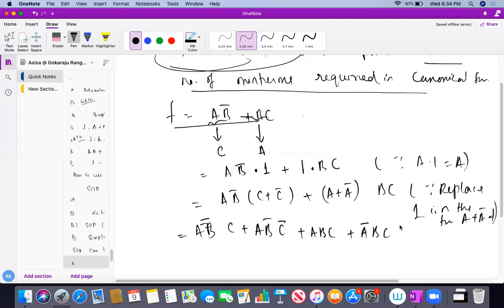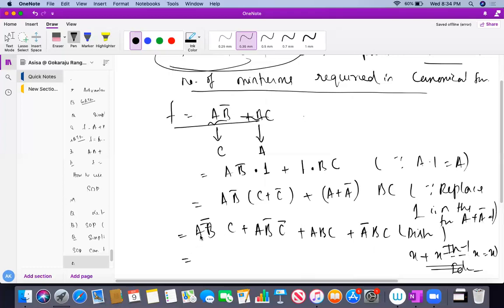Anything else possible? First I have used the distributive law. Now what you need to check is whether any common term is available or not. If available, then apply this formula, which is the idempotency theorem, theorem number 1 of Boolean algebra.